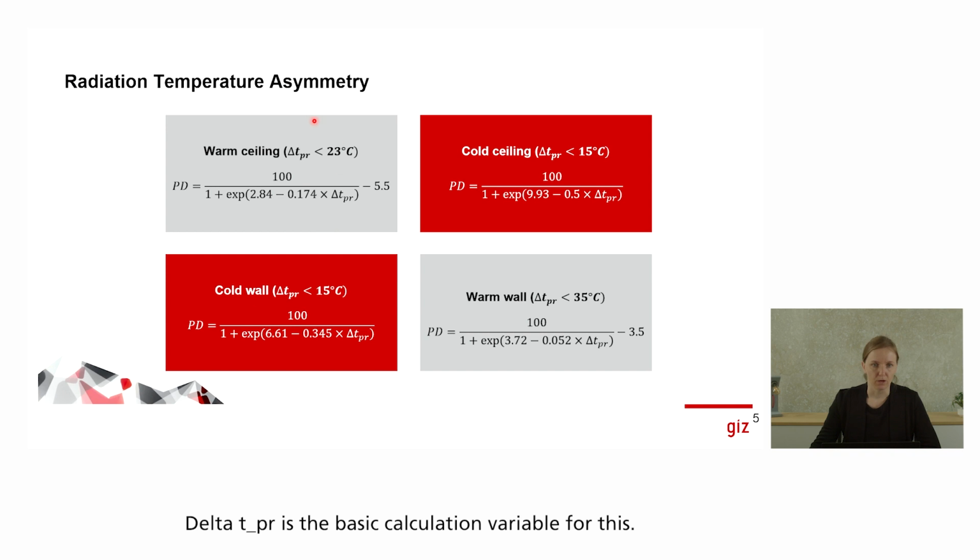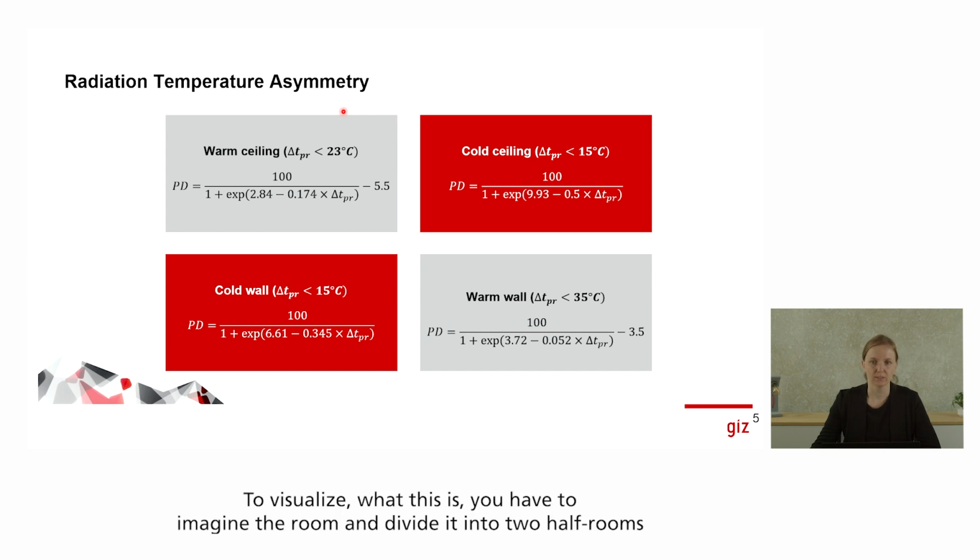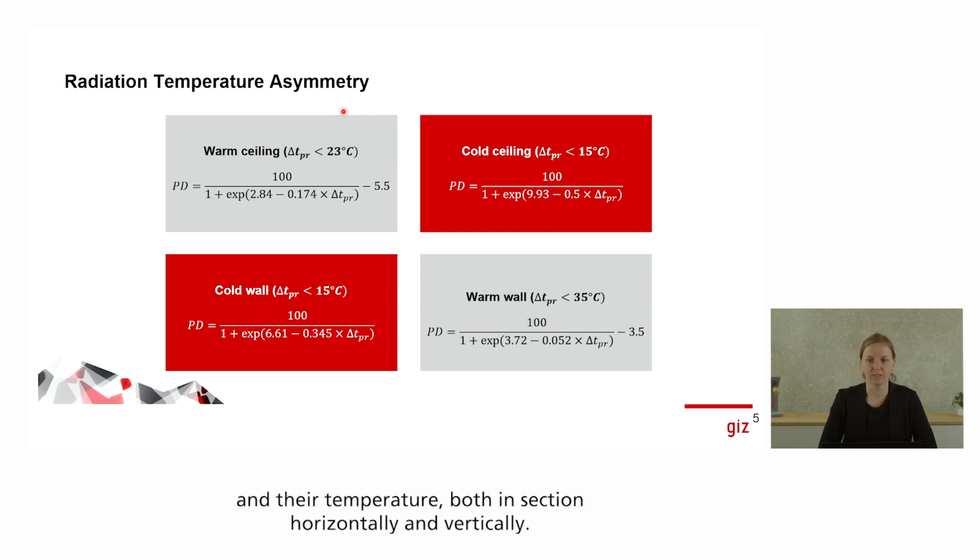Delta T PR is the basic calculation variable for this. To visualize what this is, you have to imagine the room and divide it into two half rooms and their temperature, both in section horizontally and vertically.